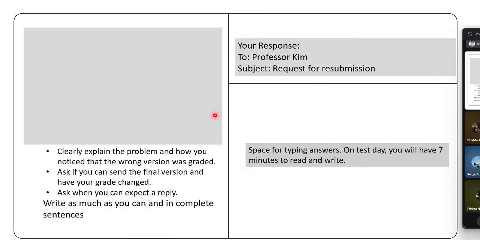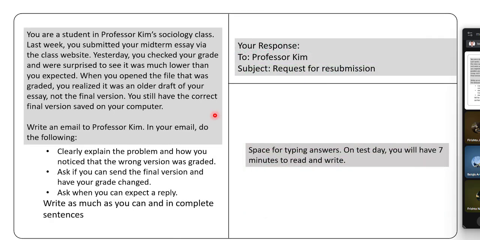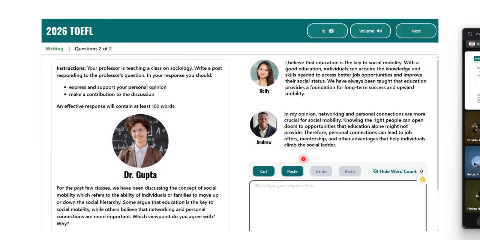This is a sample email: first we have the scenario, then the bullet points, then the space to write, around 7 minutes. This is the academic discussion, where we have the professor's post, and at the end, the question. After that, two students each respond to the professor's question.